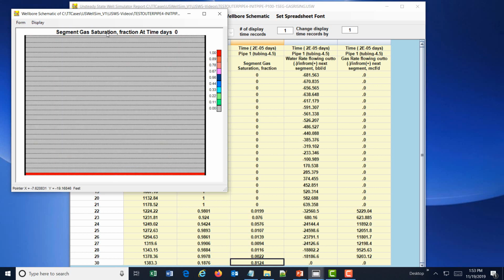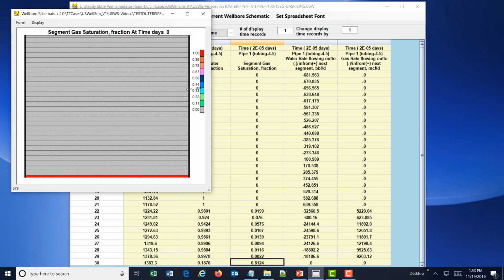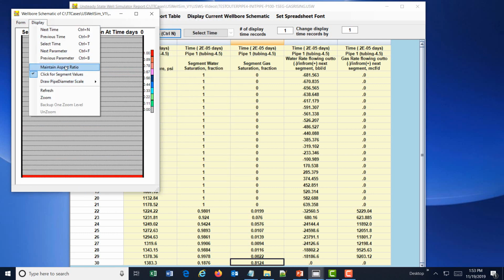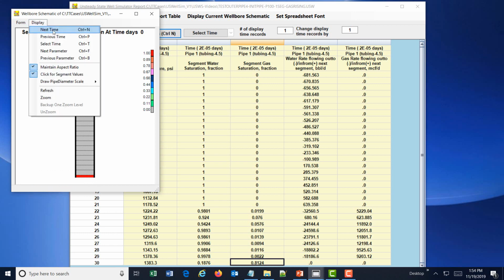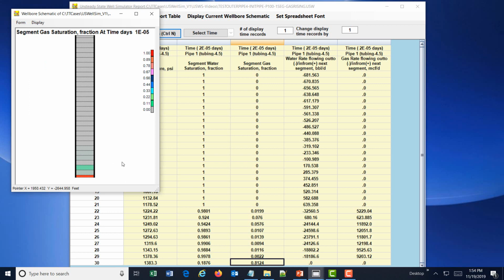Display the next parameter, the gas saturation, and display that as an aspect ratio. Now if we animate next time, you can see the gas saturations going up the well, rising up with time, changing with time, until we accumulate the gas at the top of the well, and it is accumulating at the top of the well.